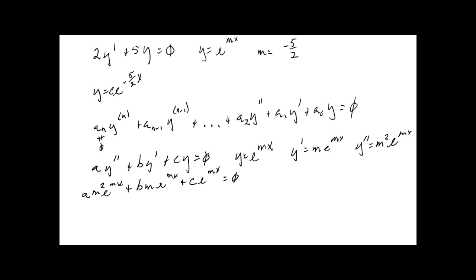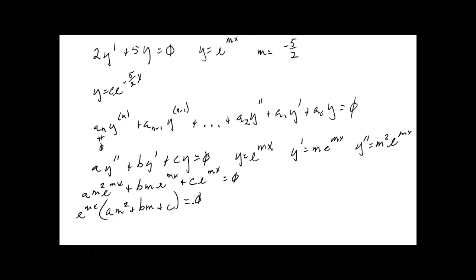What can you factor out of every term? e to the mx. And what's left? a m squared plus b m plus c is equal to 0.